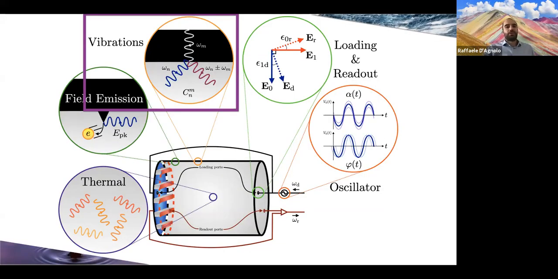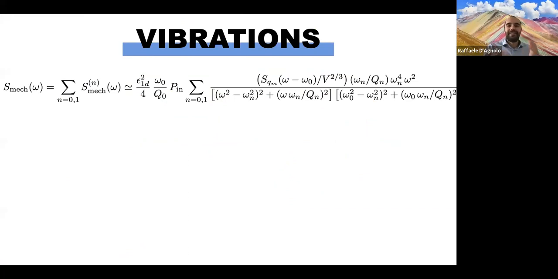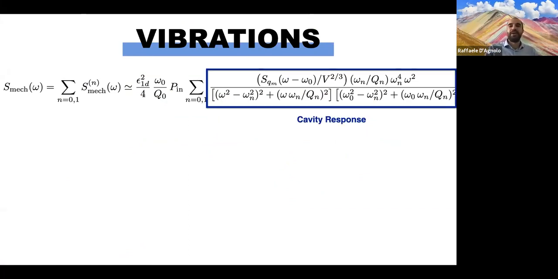Vibrations are also important. So they are the closest to one of the signals that we're looking for. And let's say analytically, they're very similar to the source of noise that I just described. So there is a factor that comes from the response of the cavity. In this case, you have two Breit-Wigners, one from the electromagnetic modes and one from the mechanical modes, but nothing surprising.